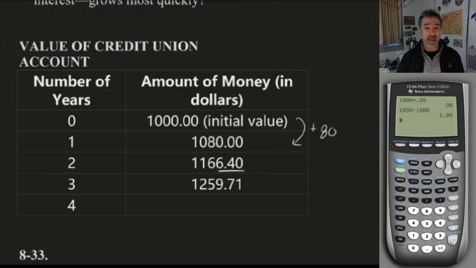So what's happening with this multiplier is I've got the initial amount, $1,000, plus 8% of that $1,000.